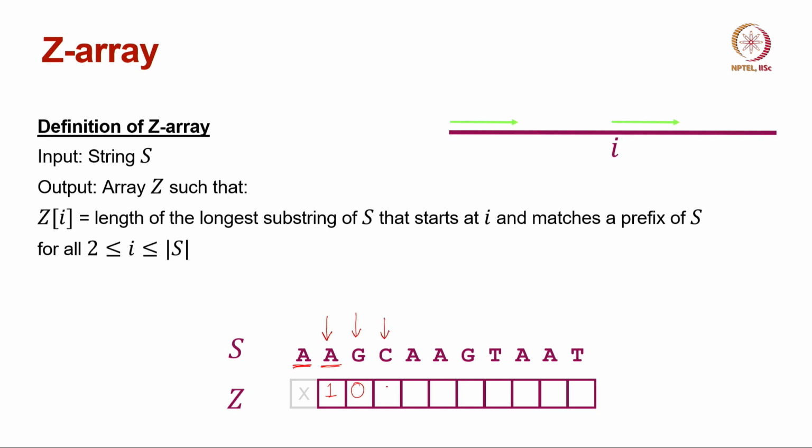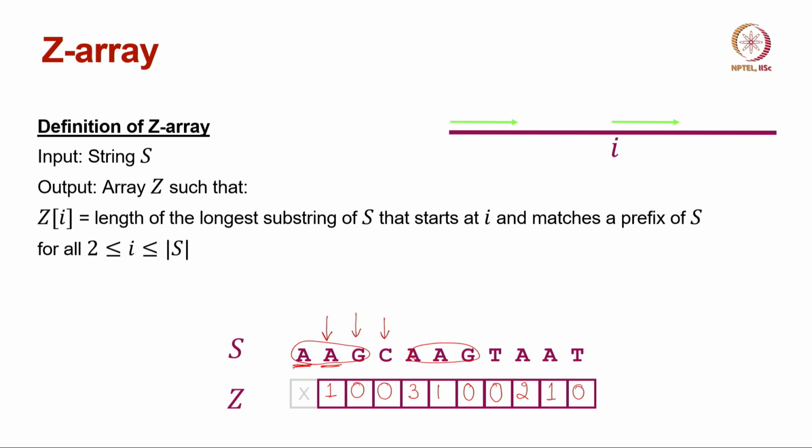Similarly, at this position the Z value is 0 because there is no substring starting at this position that matches the prefix of S. At the next position, observe that the Z value is 3 because the AAG substring matches the prefix of S. At the next position, again the Z value is 1. At the next position, the Z value is 0, again 0, then 2, then 1, and finally 0.